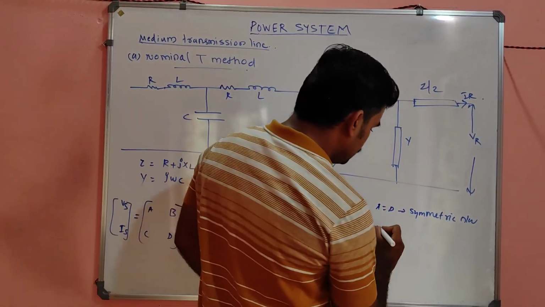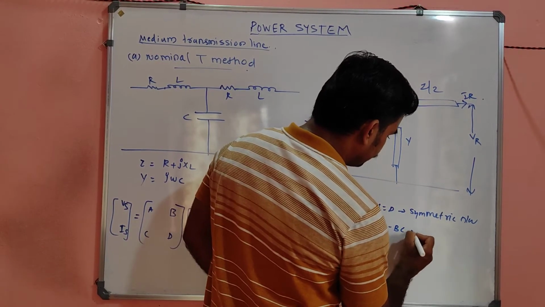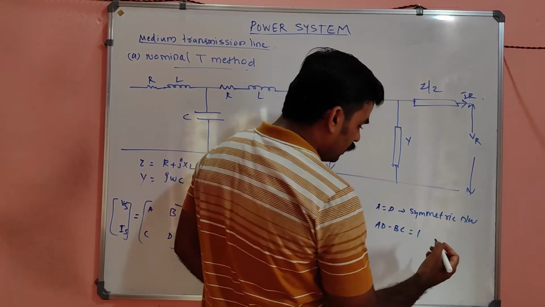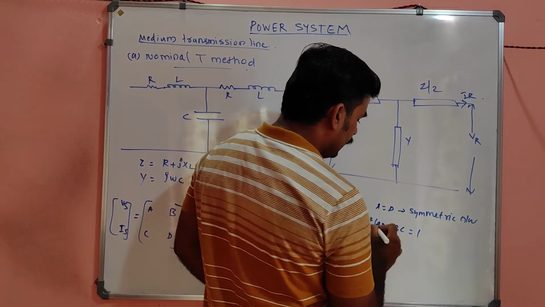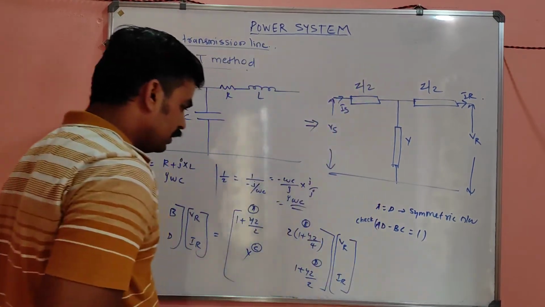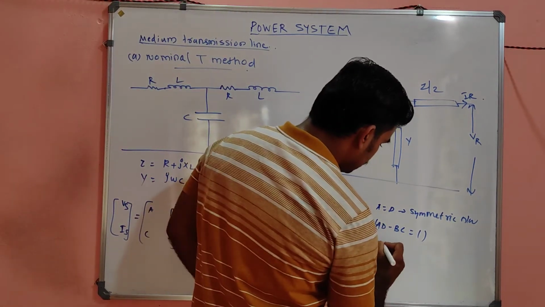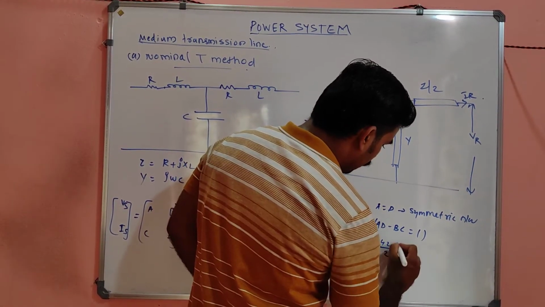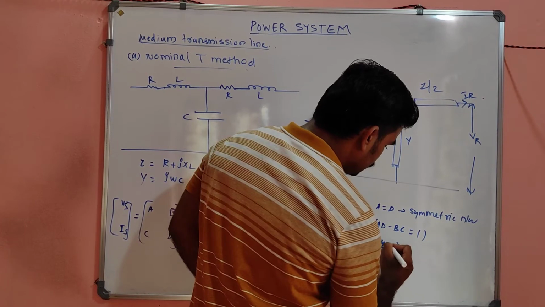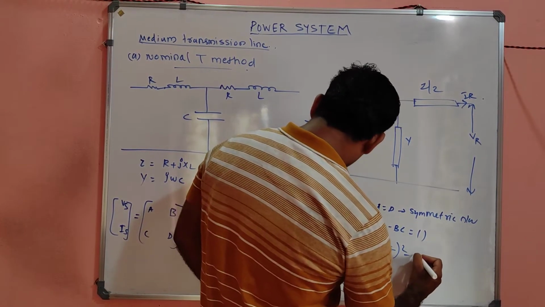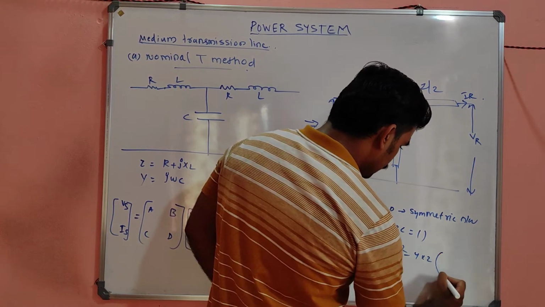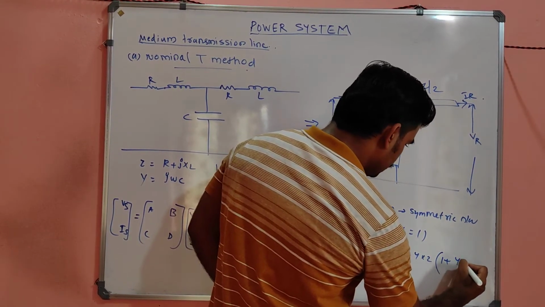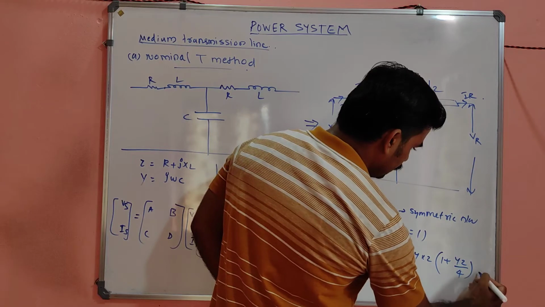Let's check AD minus BC, is it 1 or not? So AD means 1 plus YZ by 2 the whole square, minus B into C, means Y into Z into 1 plus YZ by 4, equal to what? Let me check, my dear.